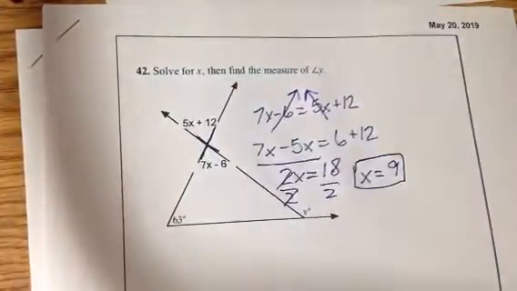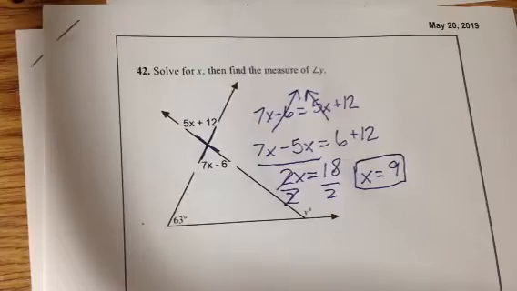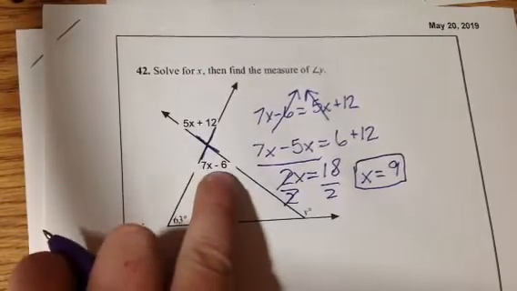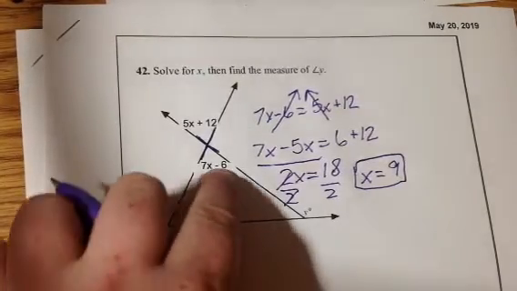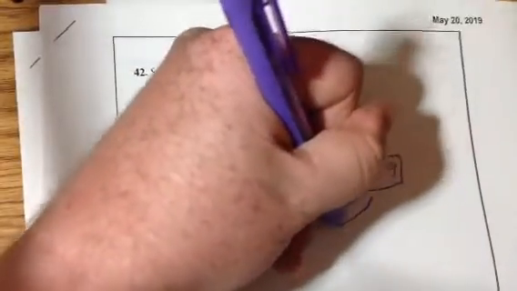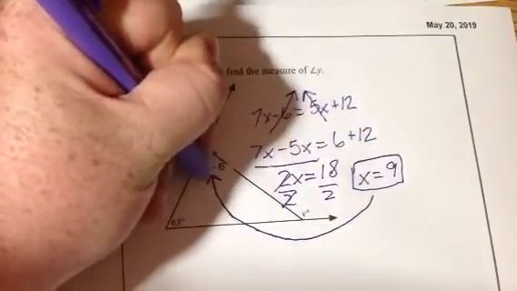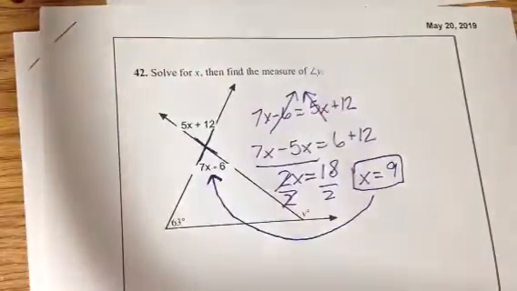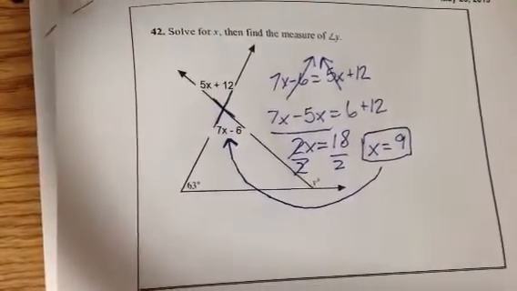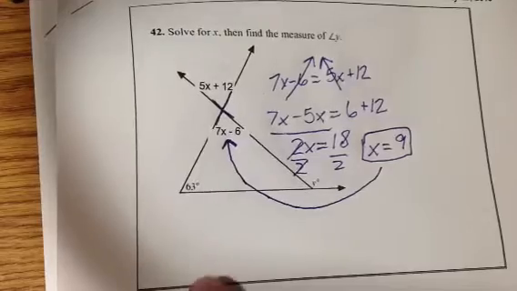Alright, so we're about halfway done with the problem. What we're going to do now is evaluate this expression to figure out how big this angle is. So we need to move this 9 and substitute it for the x right here. So the expression becomes 7 times x minus 6.